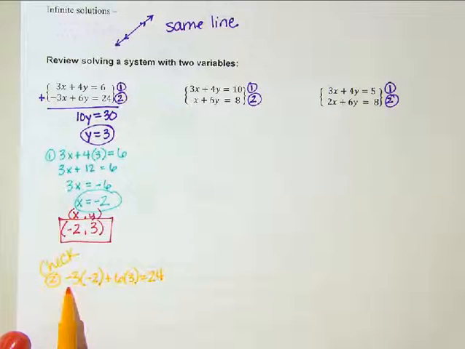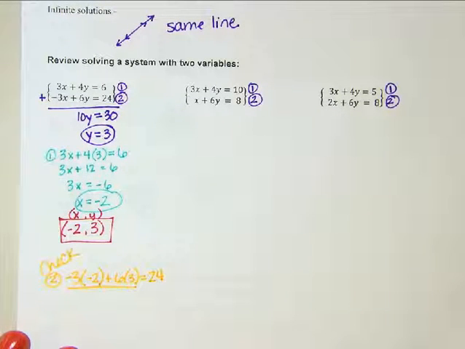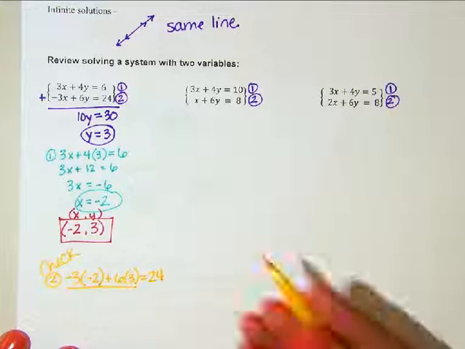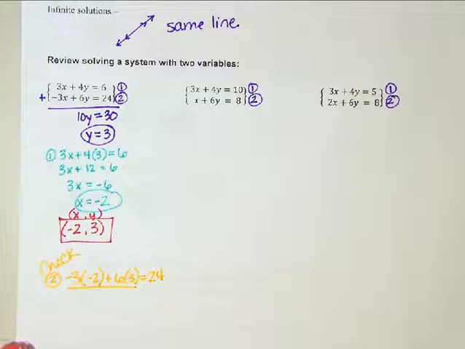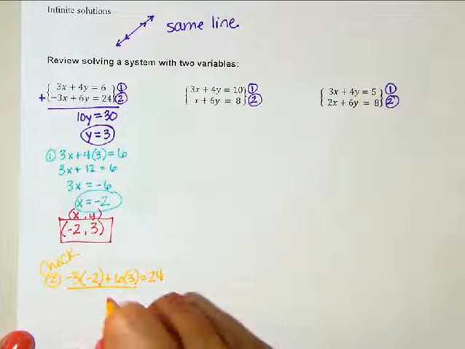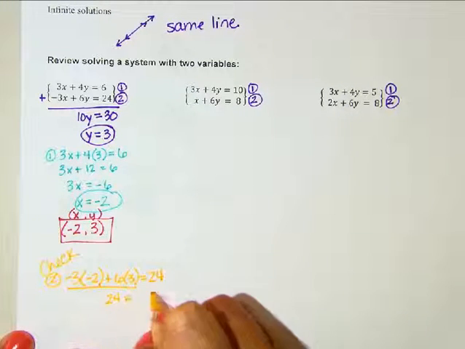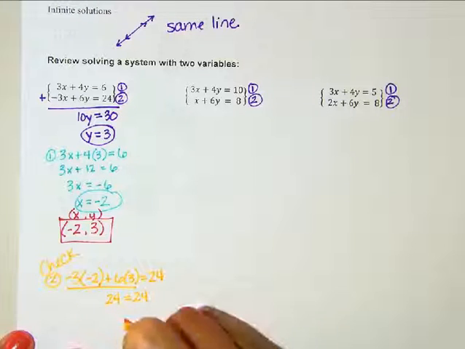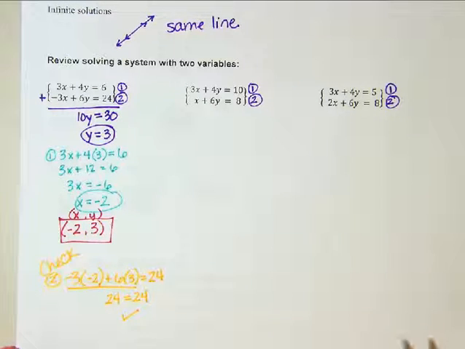You can do it in your head or calculator, and you'll get 24. The other side is also 24, and 24 does equal 24, so that checked out. My answer is negative 2, 3.